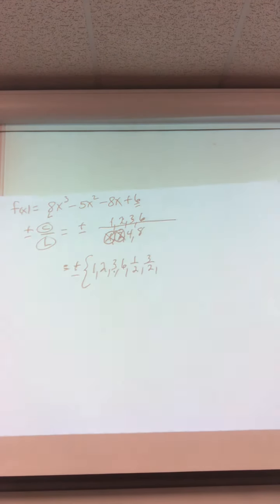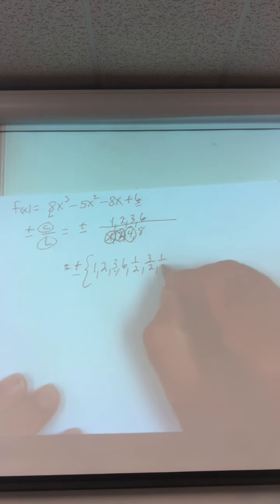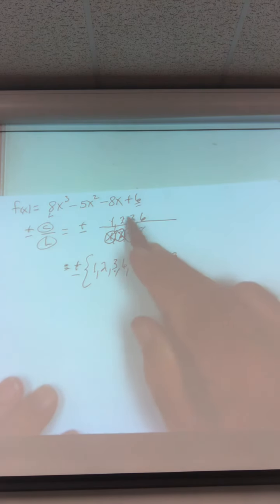Now, circle the 4. Put every one of these over 4. 1 over 4 is a 4. 2 over 4 reduces to 1/2. I have that. 3 over 4 is 3/4. And 3 over 8 is 3/8.